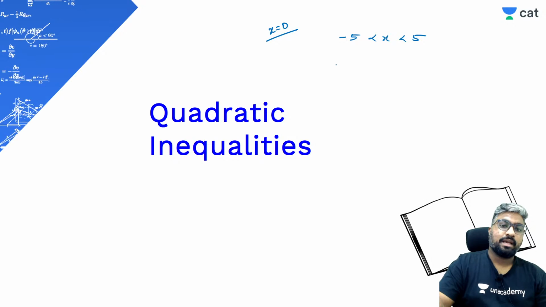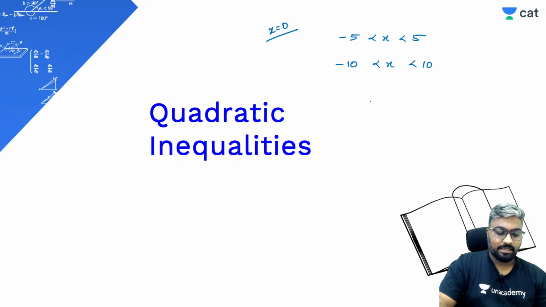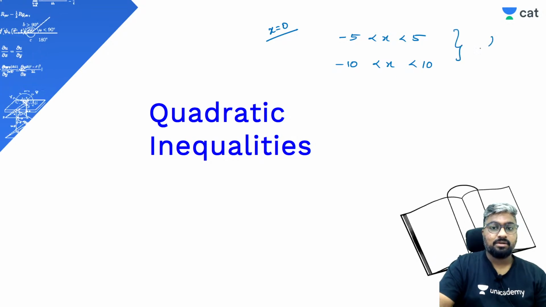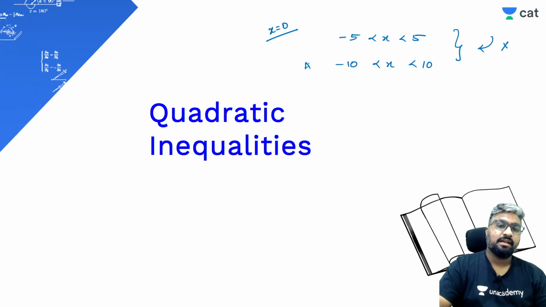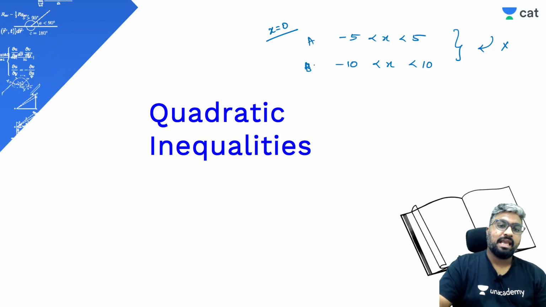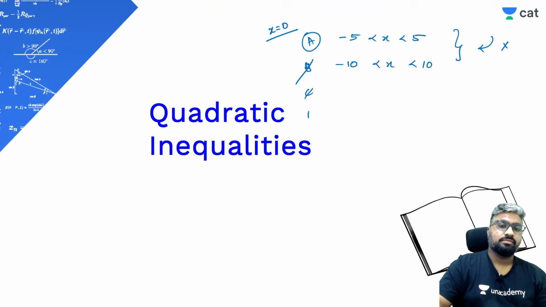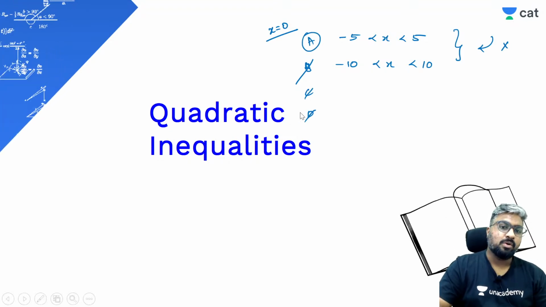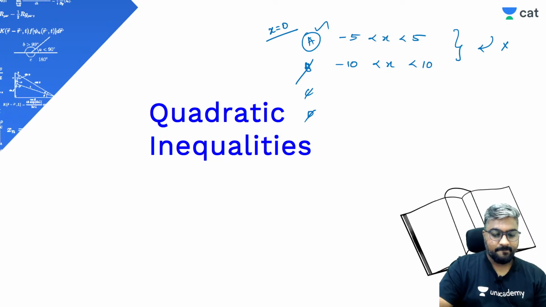X equal to 0 can also be a part of -10 less than x less than 10. Yes. तो दोनों पे होना जरूरी नहीं है. तो इफ यू हैव ओनली वन ऑफ देम लेफ्ट, लेट्स से यू एलिमिनेटेड ऑप्शन ए बी पहले से ही, तो यू कैन से ए इज ट्रू. ठीक है, अगर ये तीन एलिमिनेट हो जाते हैं तब आप ए बोल सकते हो, अदरवाइज यू हैव टू बी केयरफुल. ठीक है.